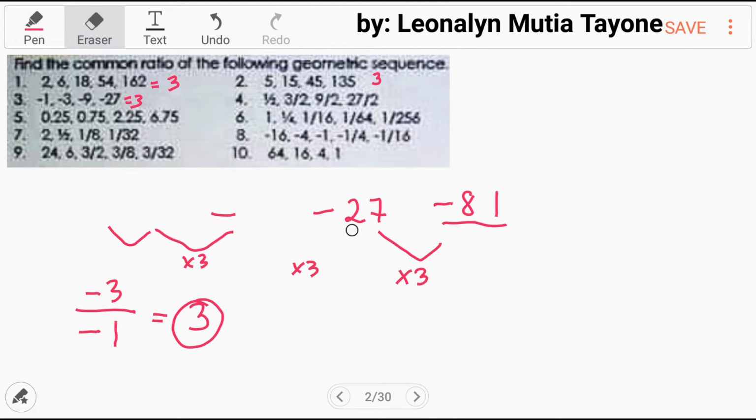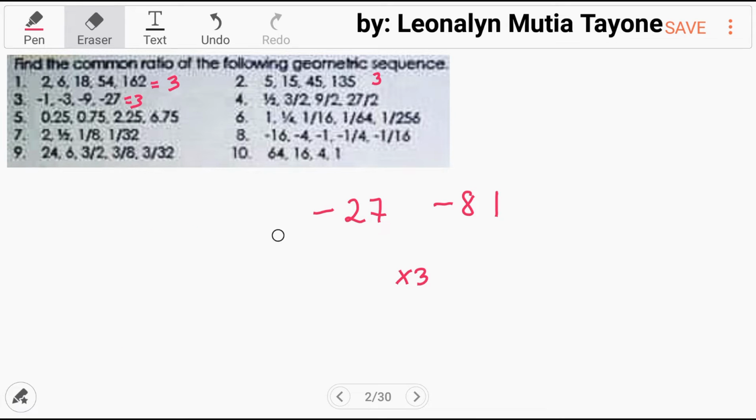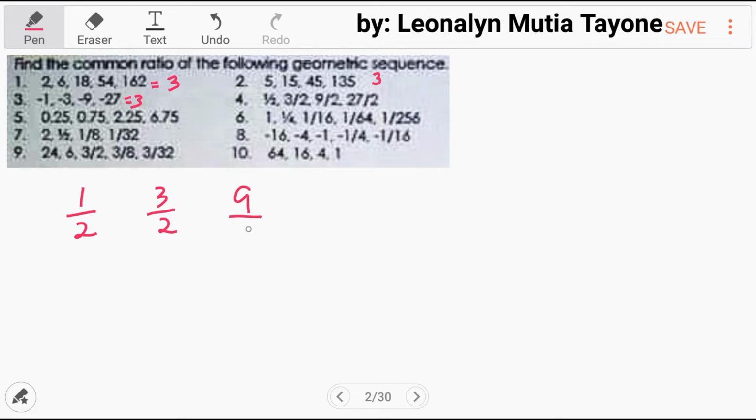Now, dito na tayo sa number 4. This is 1/2, ang next ay 3/2, 9/2, 27/2. Para i-identify ulit natin yung common ratio, pareho pa rin. 3 over 2 divided by 1/2.